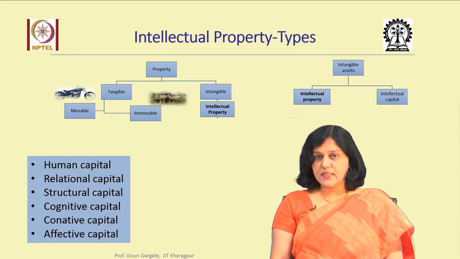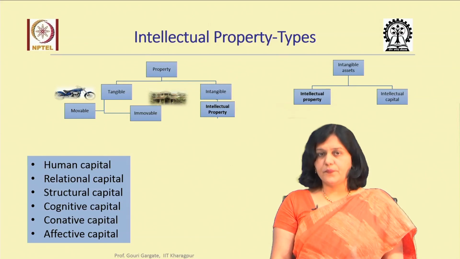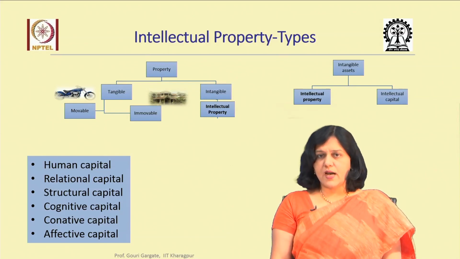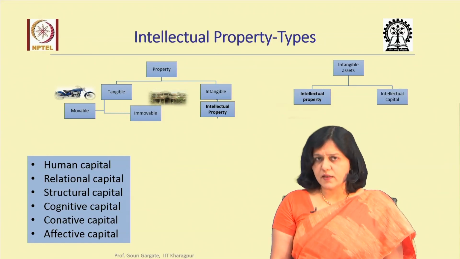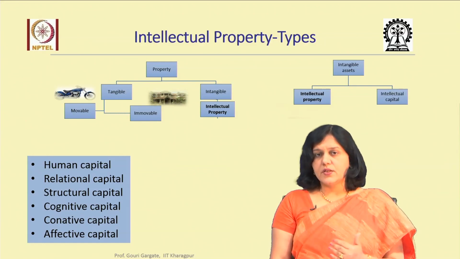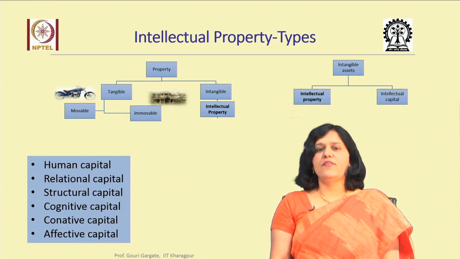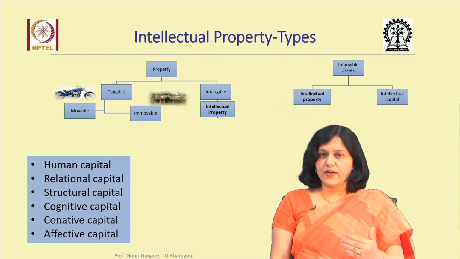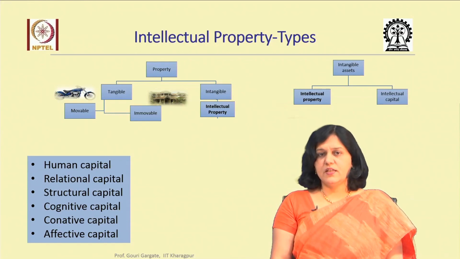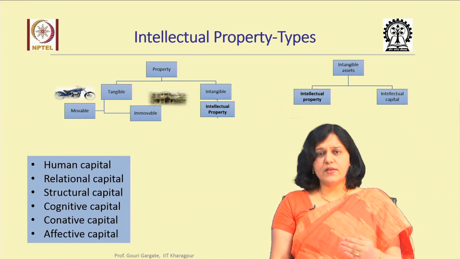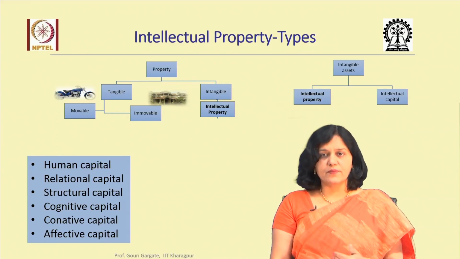To understand these last three capitals, that is cognitive, conative and affective, we will take an example. Say Volkswagen, you have seen the advertisement or commercial of Volkswagen, right? In this, you might have seen a scientist feeling nostalgic when the car moves out of the factory. So, this is affective capital, a feeling for the creation. Many times during development of the car model, they might have taken decisions based on their intuition, correct?